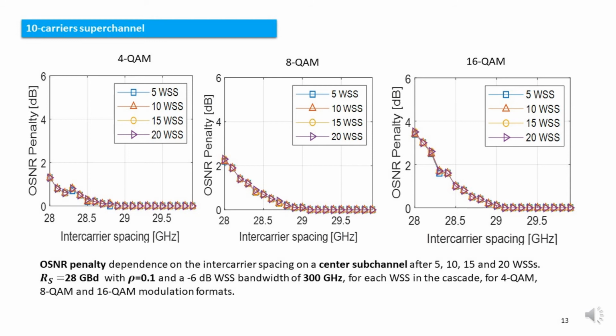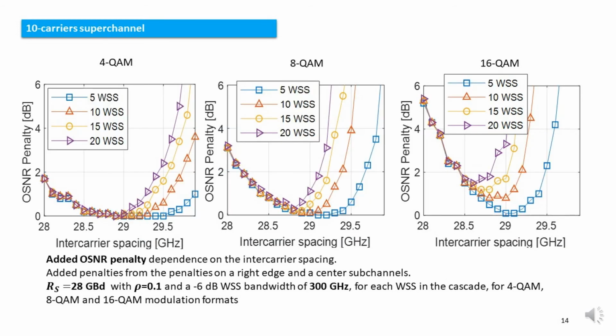Since we want to choose an intercarrier spacing and a WSS bandwidth that allows the same performance for all subchannels, we need to combine the results from the edge subchannel and from the center subchannel. These are the combined results.